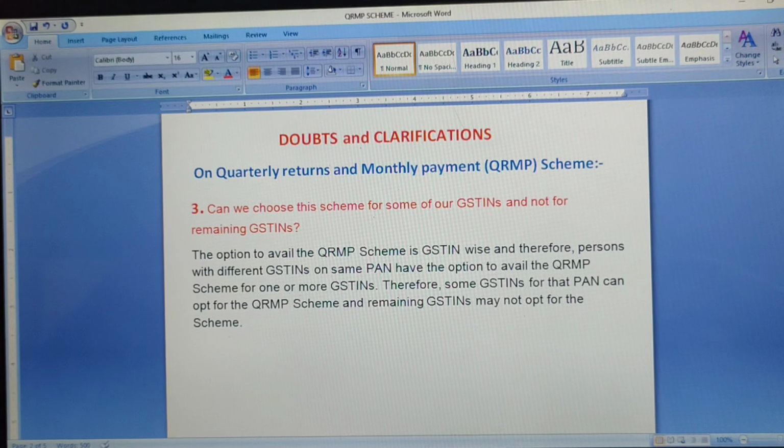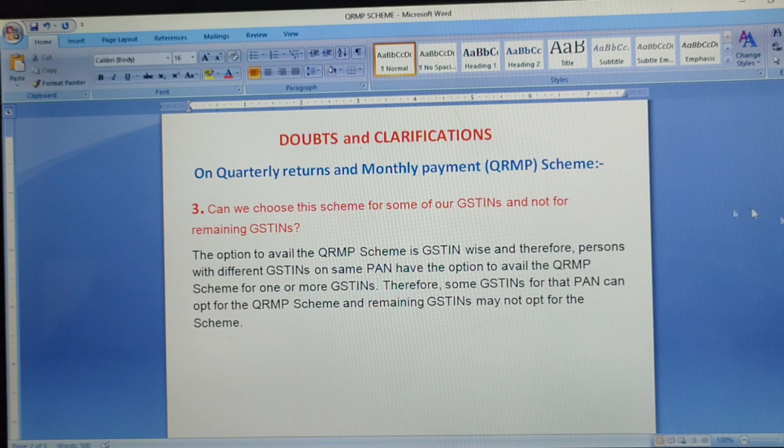And suppose you have multiple GST numbers based on the same PAN, you might have a doubt: can I opt for the new scheme for some of our GST numbers and continue for the remaining GST numbers as usual? The answer is yes, subject to the total turnover for the PAN not exceeding 5 crores.